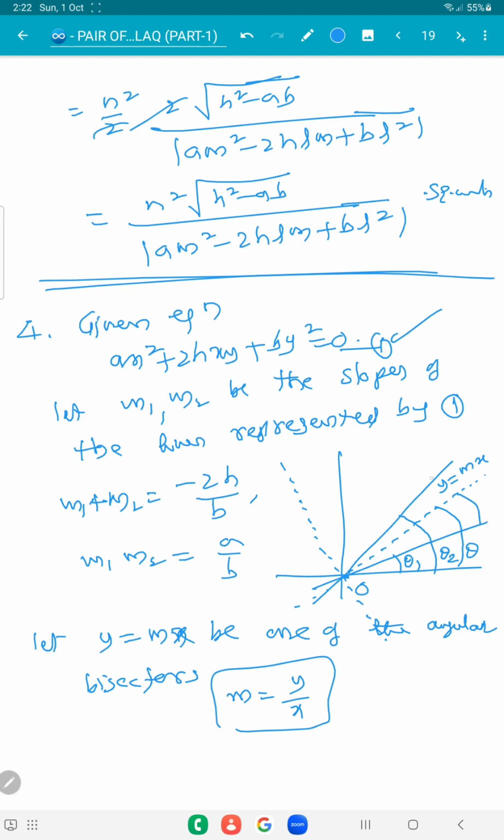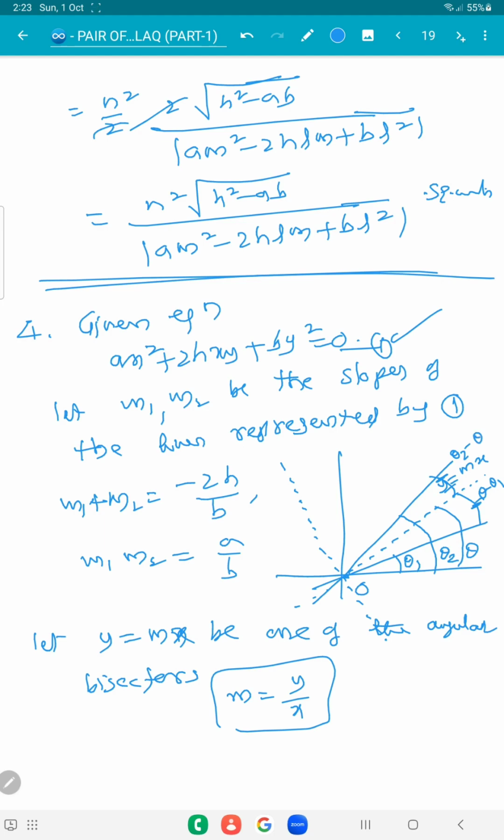Since it is a bisector, these two angles are equal. What is this angle? This angle becomes this angle. This angle is theta minus theta 1. What is this part? Theta 2 minus theta.